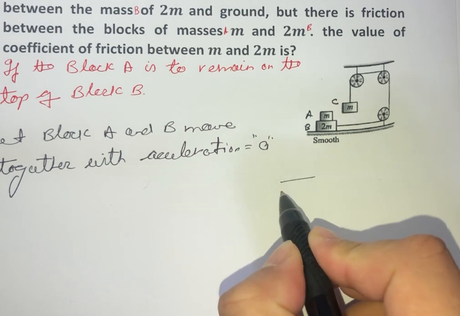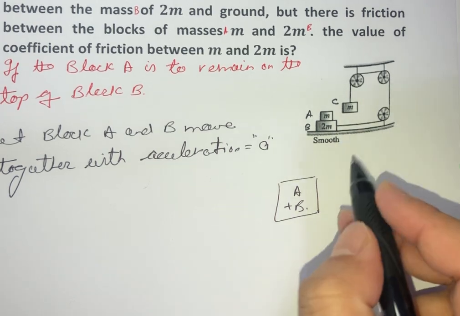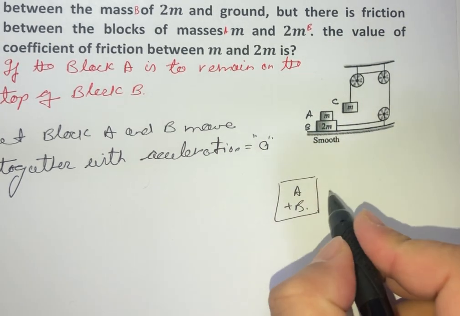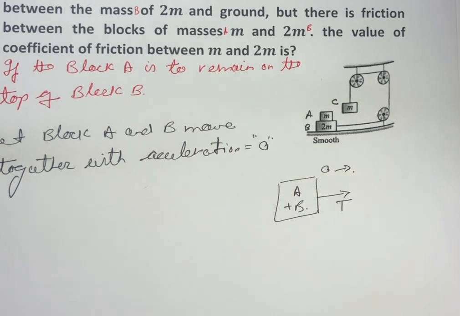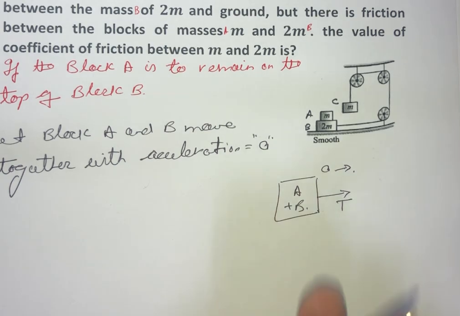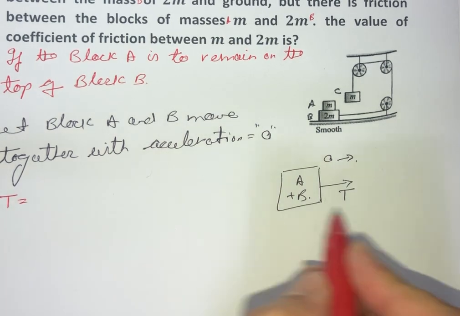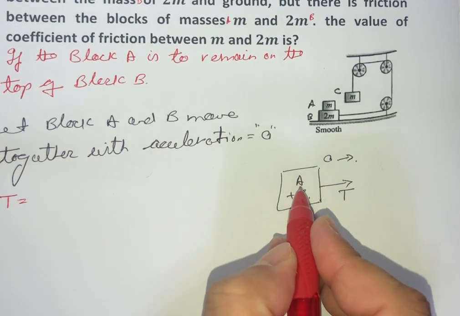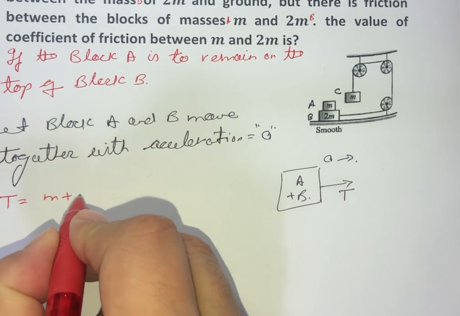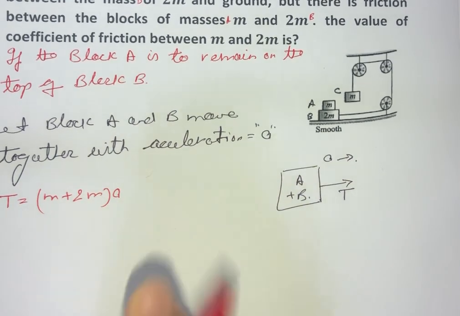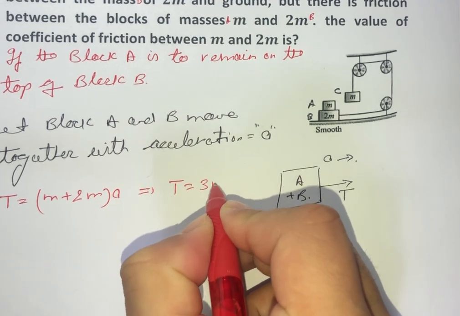So this is about A plus B, and it will be moving towards the right side because of this tension T, and the acceleration is given as a. So based on this, we can write the equation that T will be the driving force, and the mass of A is m and B is 2m. So we can say m plus 2m into a, which gives us that the tension will be equal to 3ma.